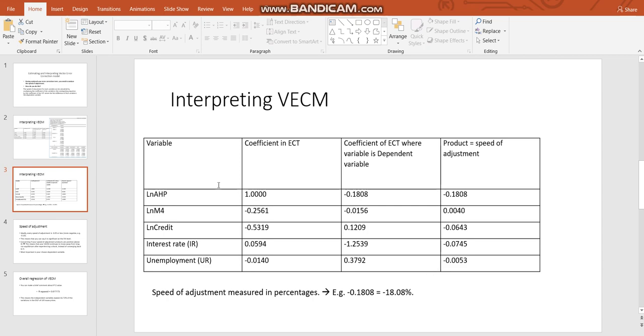Those are points that you should be addressing when you're analysing the results of your vector error correction model. If you do have mixed results, try to improve them by improving the specification of your model. If that's beyond your abilities and your teachers can't help you out, then just stick with what you've got and show your understanding of your model by criticizing it and trying to find a reason for why you might have problematic results. In my example, I had a lot of structural breaks in my variables.